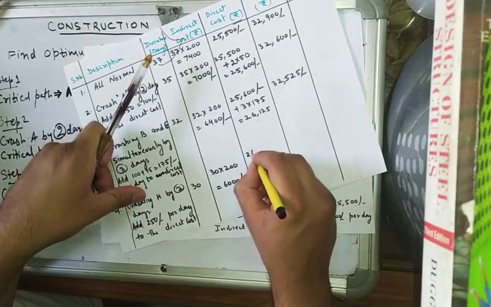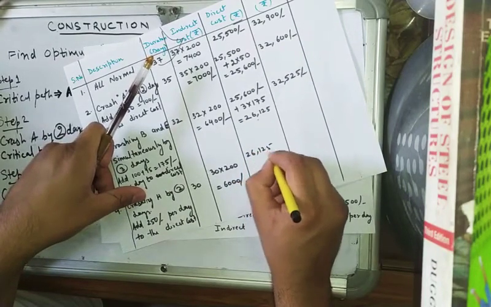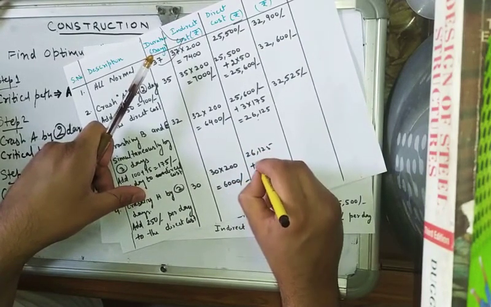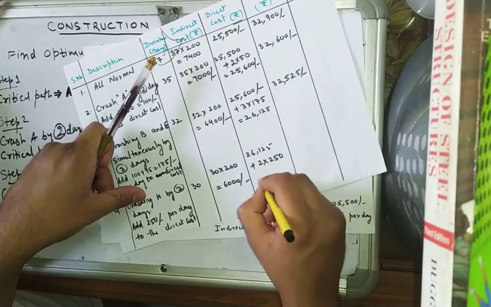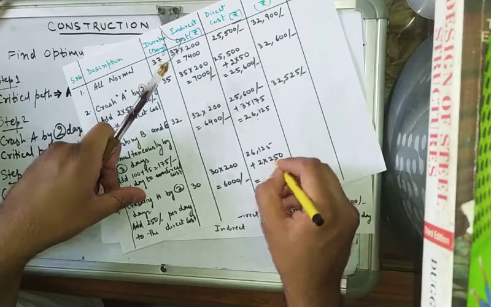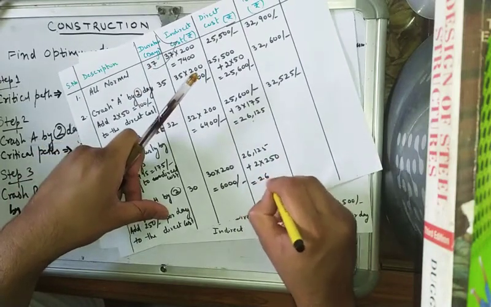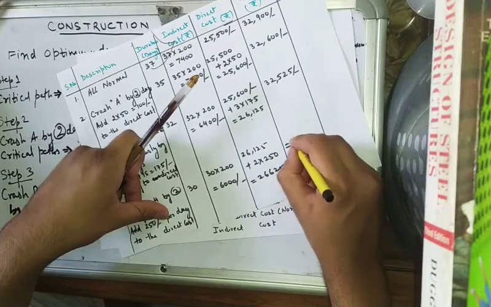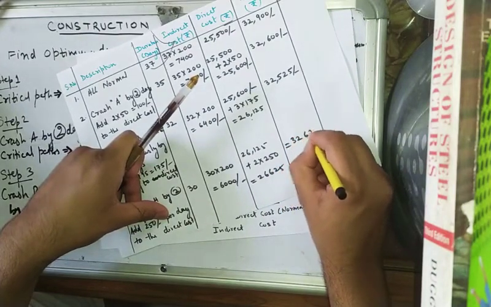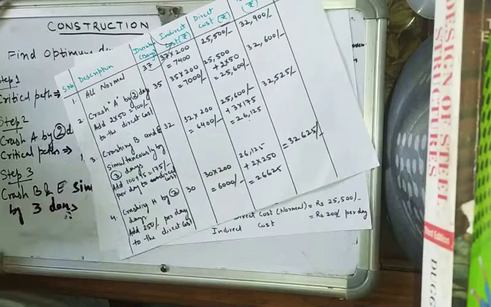Direct cost will be 26,125 plus 2 into 250. This will become 26,625. Total will be 32,625. Correct?